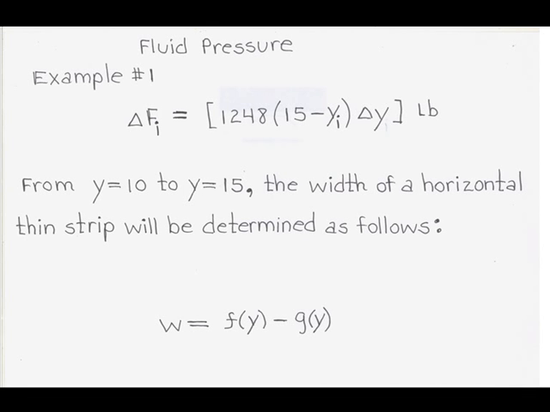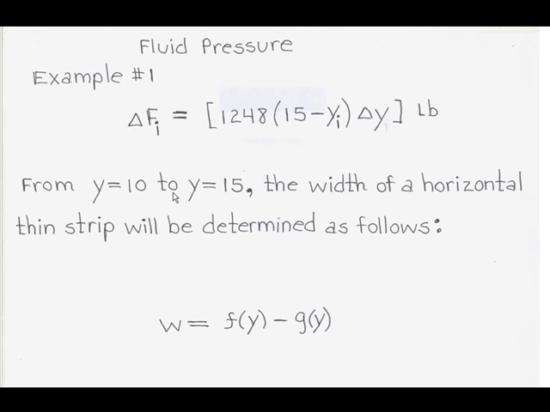Delta F sub I is now equal to 1,248 times 15 minus Y sub I times delta Y, and this is in pounds. So that's going to give us the force.